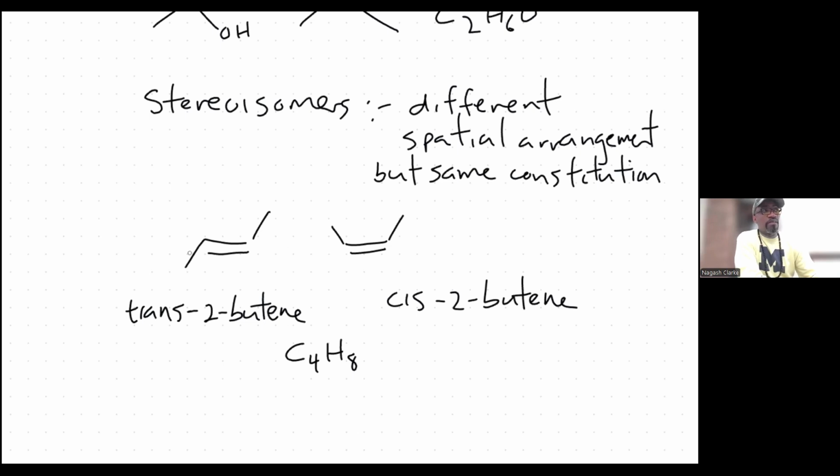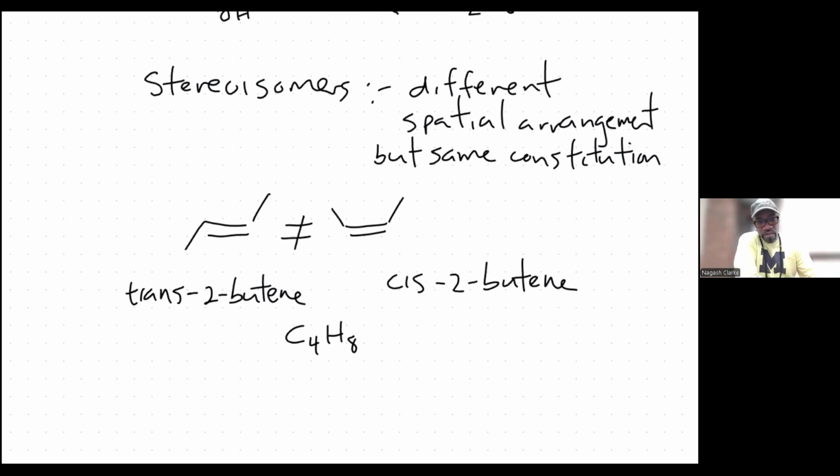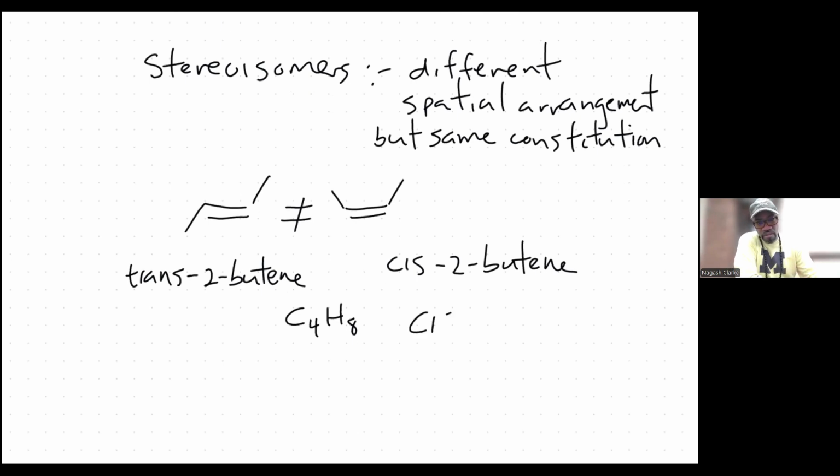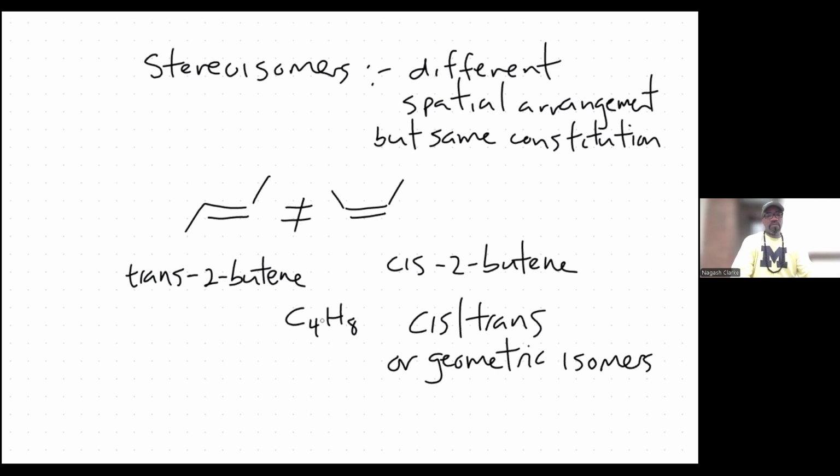Double bond is in the same spot, but how they're spatially arranged is different, and you can't interconvert from one to another. Right? So we call these cis-trans or geometric isomers.